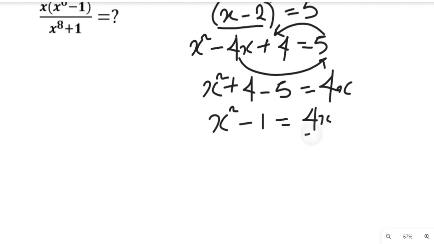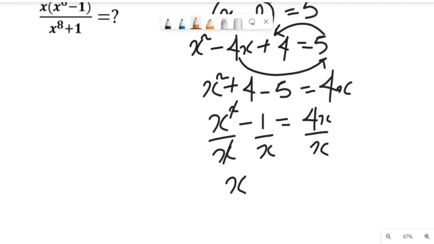Now to clear the value of x, we divide all through by x, and this will leave us with x minus 1 divided by x equal to 4.